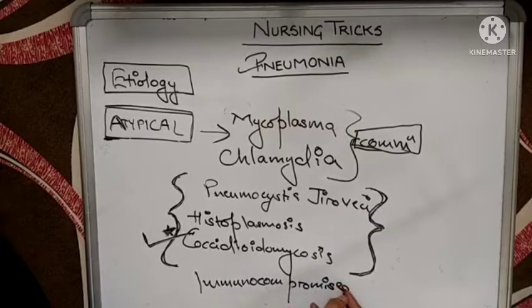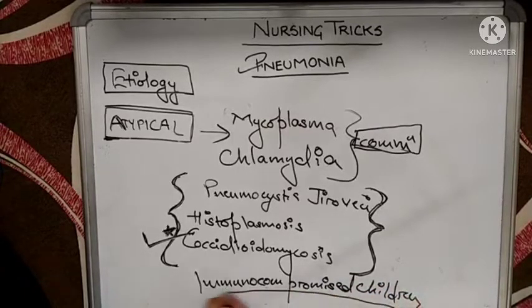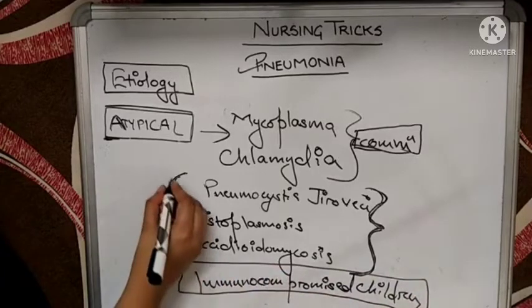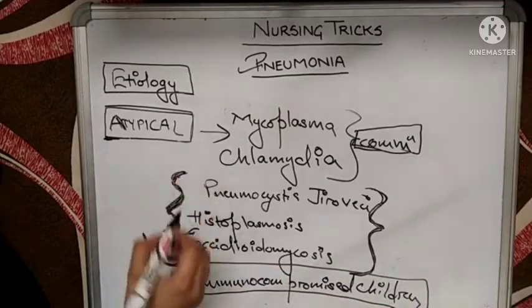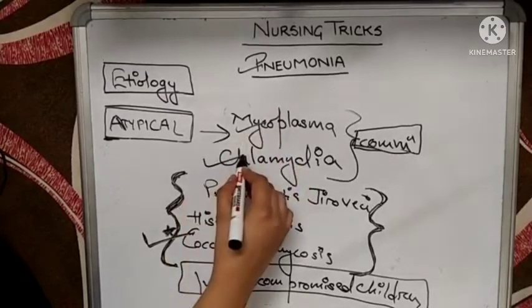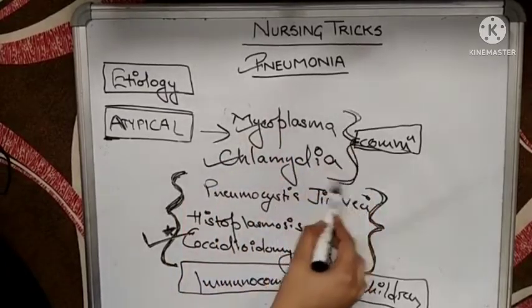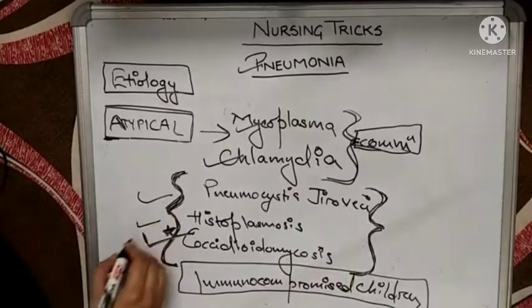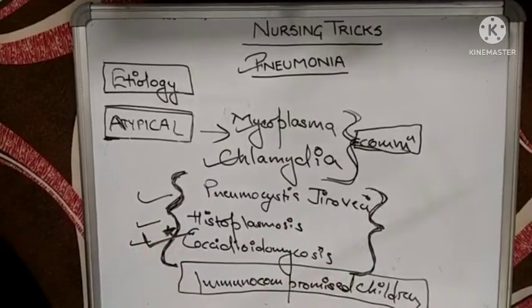In these children, these organisms can easily cause pneumonia. I hope this atypical pneumonia is clear to you. Mycoplasma and chlamydia are more commonly community acquired pneumonias, and Pneumocystis jirovecii, histoplasmosis and coccidioidomycosis are responsible for causing the pneumonia in the immunocompromised children.